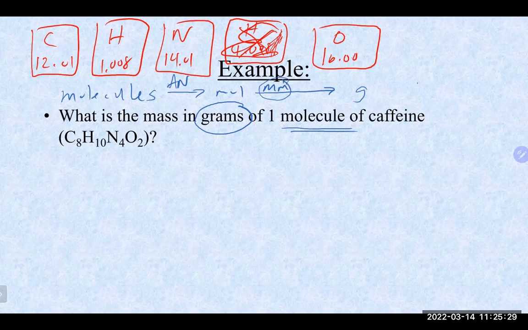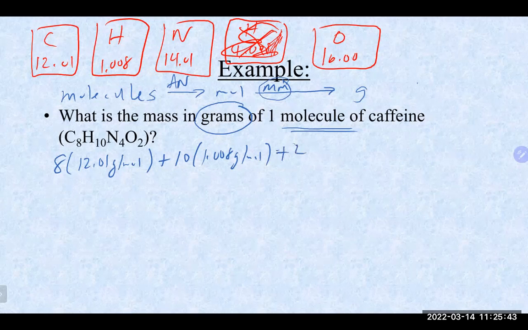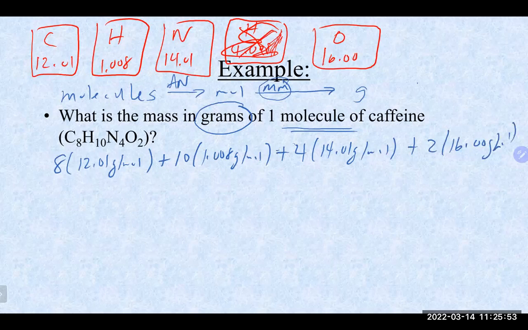So that is 8 times 12.01 for our carbon, plus 10 times 1.008 for our hydrogen. That is then plus 4 times 14.01 for our nitrogen, and lastly 2 times 16 for our oxygen here.